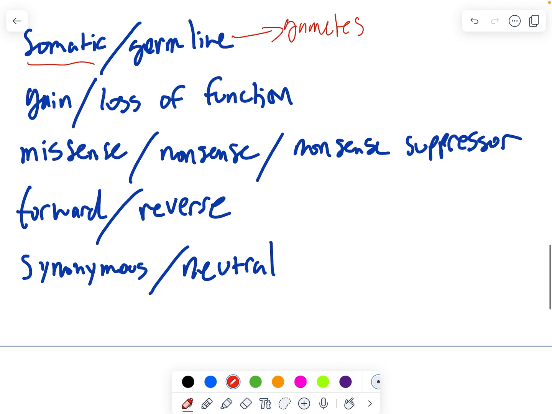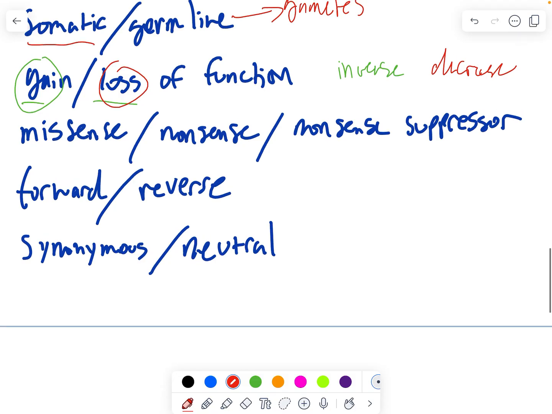Another way that we can categorize mutations is by gain of function or loss of function. If for some reason we increase the activity of a gene, then we would call it a gain of function. But if we lose function, or if we decrease function, then we call it a loss of function mutation.